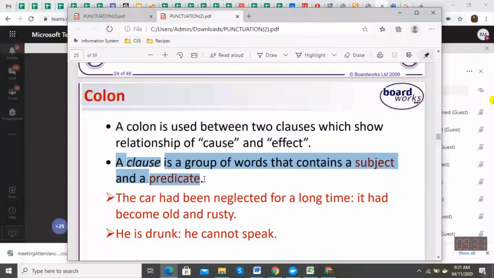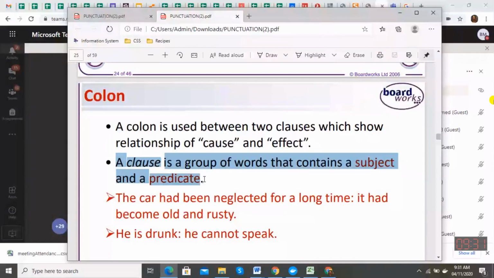The more knowledge we have about the usage of punctuation marks, that will make your written document more stylish, updated and more mature. Okay, so it will save your time as well.